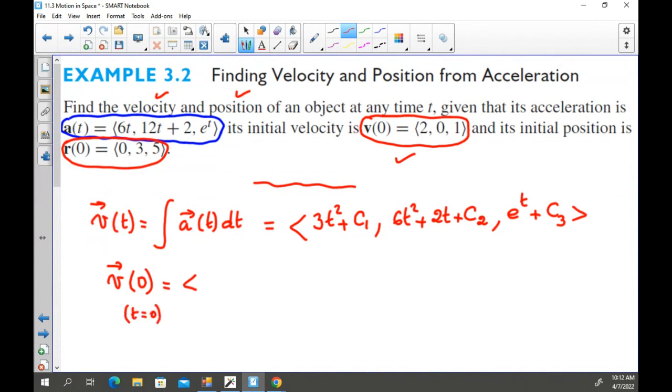So it's going to give us C1, C2, and not C3. What is it? 1 plus C3, yes. Because e to the power of 0 is what?